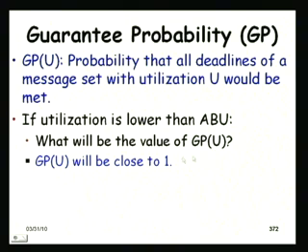That is what we are saying, lower than ABU. So, then the guarantee probability will be almost 1, isn't it? So, GPU will be close to 1. Why not exactly equal to 1? Because we are considering the average value. This is the average absolute breakdown utilization, the average of utilization due to all the messages in the saturation set. So, still some messages at that utilization can miss their deadline.